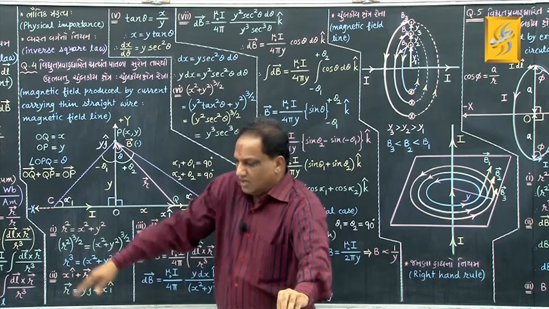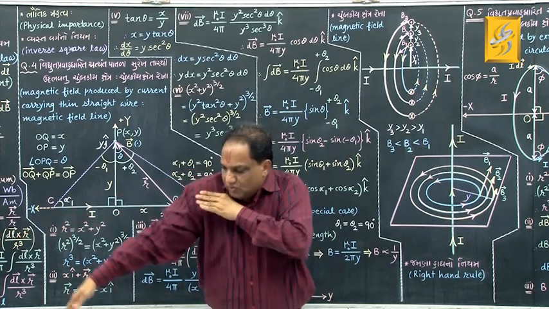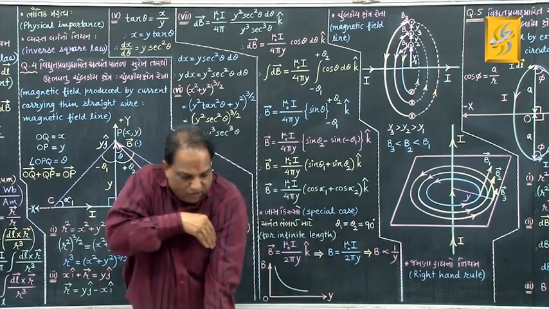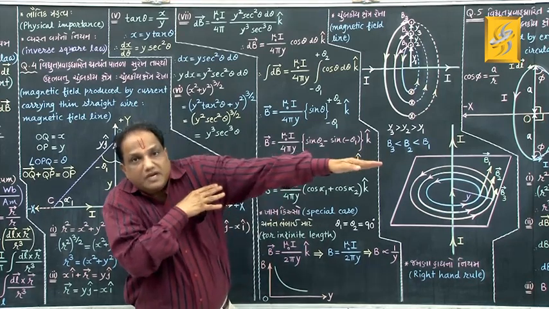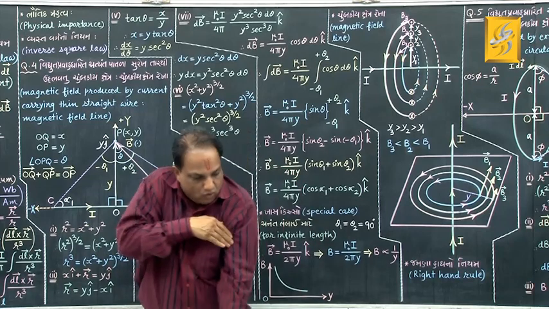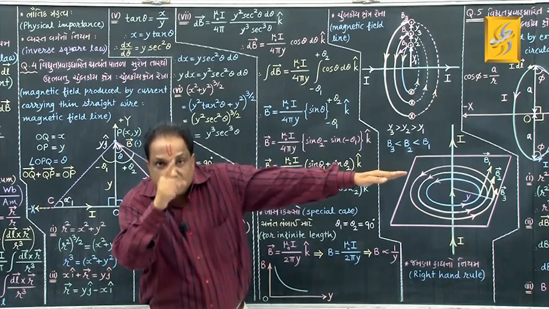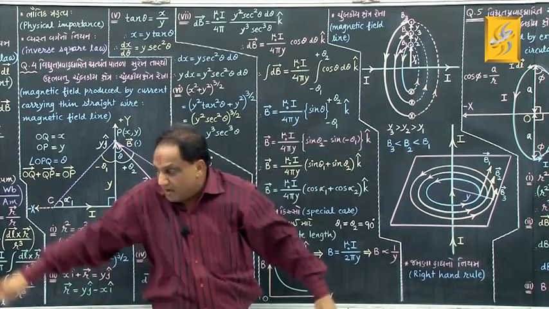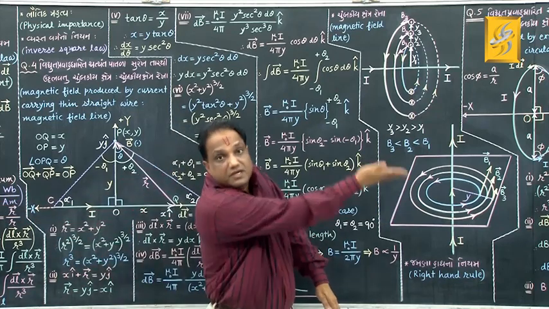I repeat, from minus theta 1 to 0, and then after from 0 to plus theta 2, then you can just go for continuous integration from minus theta 1 to plus theta 2.